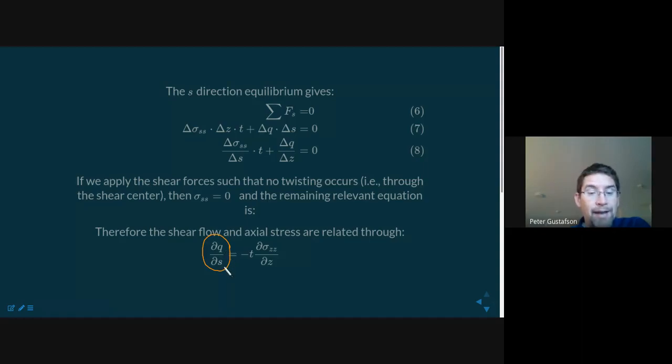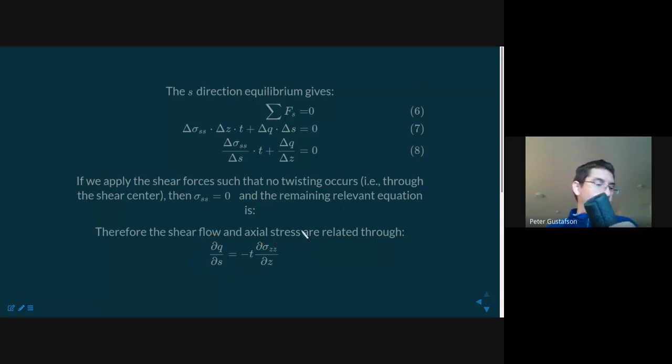It changes with respect to the s direction. So the shear flow changes as we go around this section. How does it change? It relates to the bending stress sigma zz. So the shear flow is governed by the bending stress, and it's done so with this equation.